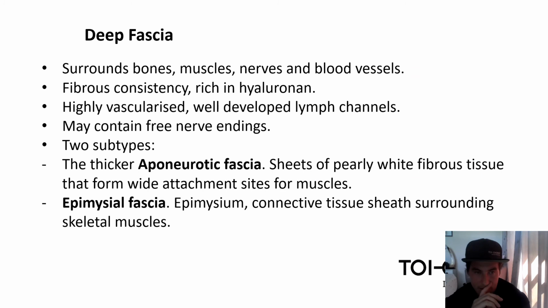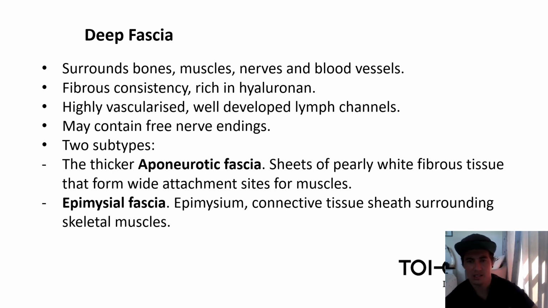Deep fascia is the stuff that's deeper than that superficial layer of our skin. It surrounds bones, muscles, nerves, and blood vessels, with a highly fibrous consistency and lots of blood vessels. That's what vascularized means. There are two different subtypes. Aponeurotic fascia is like sheets, with big surface area, white fibrous tissue, and they allow for large or wide attachment sites.